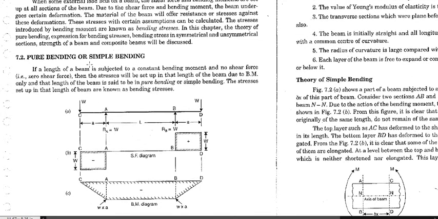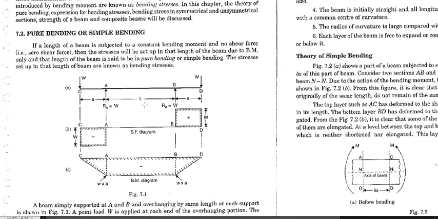If we move into a more concise definition of pure bending and simple bending, we can understand this via this example, in which we have an overhang beam and W load is applied at the exterior ends. In this case you will find that this is the SFD and this is the BMD.